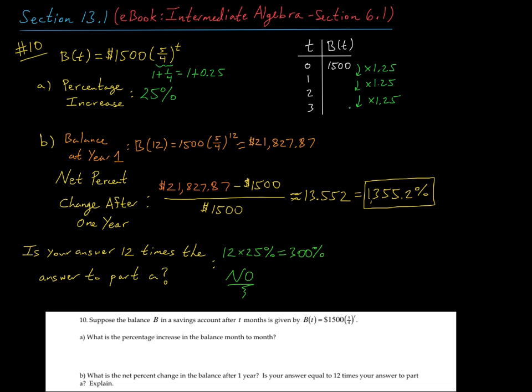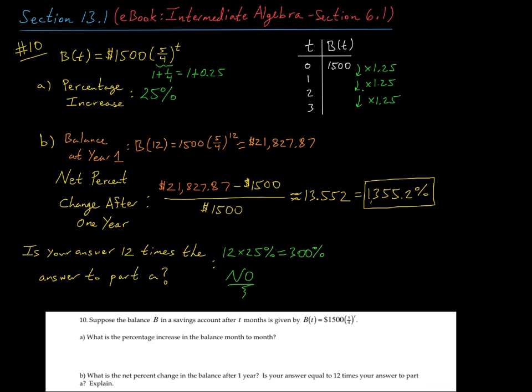So there's this multiplicative effect, also known as a compounding effect, that's going on here. So simply taking that percent change and multiplying it by 12, or equivalently adding it to itself 12 times, is going to give me a significantly lower percentage than the actual true percentage.